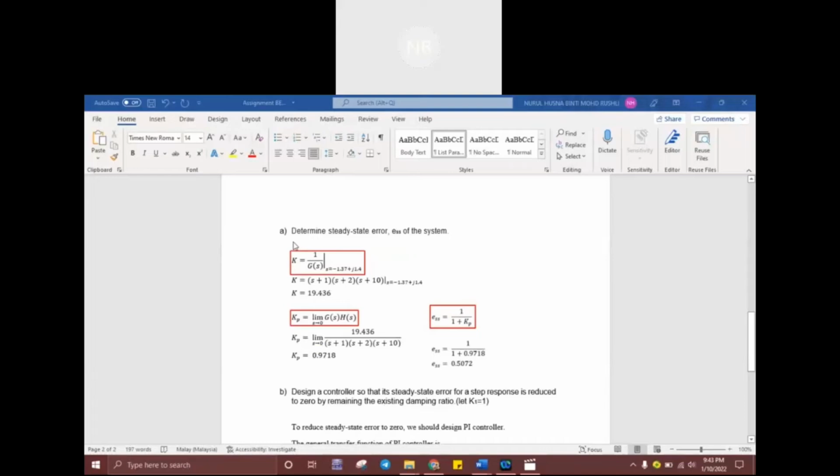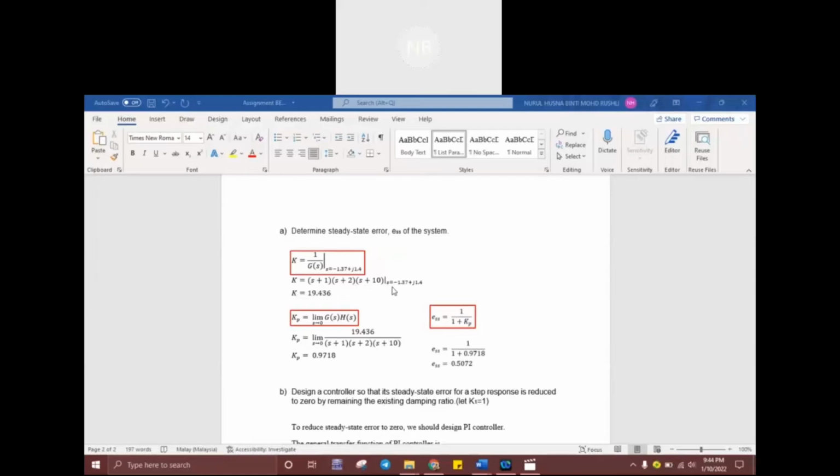For question A, we need to determine the steady state error ESS of the system. To find the ESS, the formula is 1 over 1 plus Kp. To find Kp, we need to find K, which is 1 over G(s) at s equal to -1.37 plus j 1.4. So K equals s plus 1, s multiplied with s plus 2 and multiplied with s plus 10.